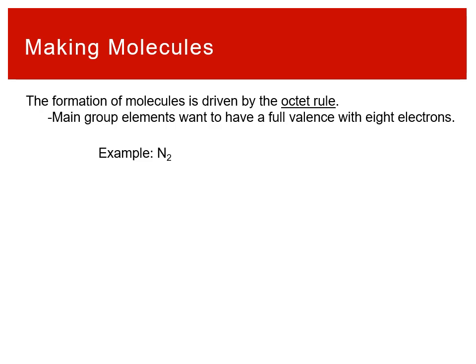Okay. So N2, we can continue with our diatomics. Lewis symbols for nitrogen, they each have 5 valence electrons. And if we take a look, we can see that there are unpaired electrons, so they can share those electrons.